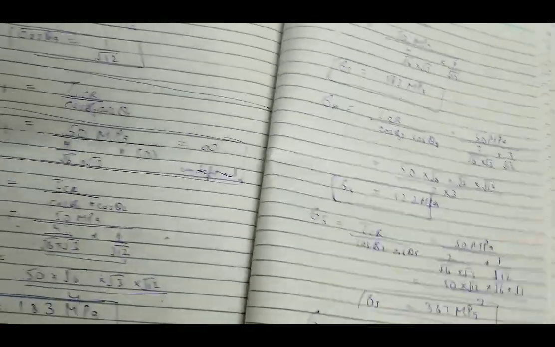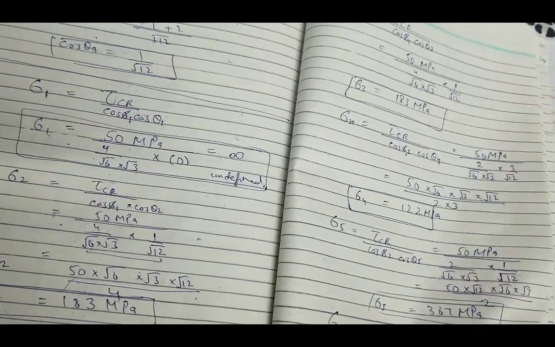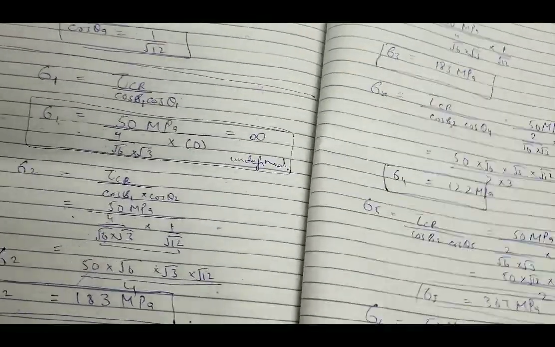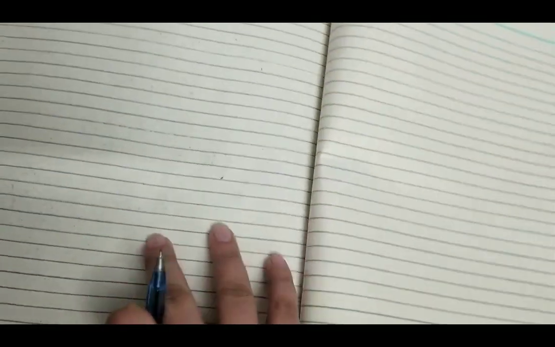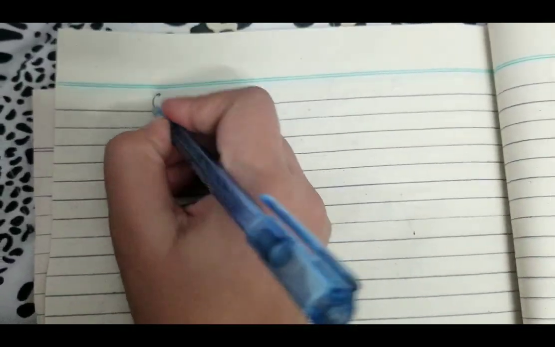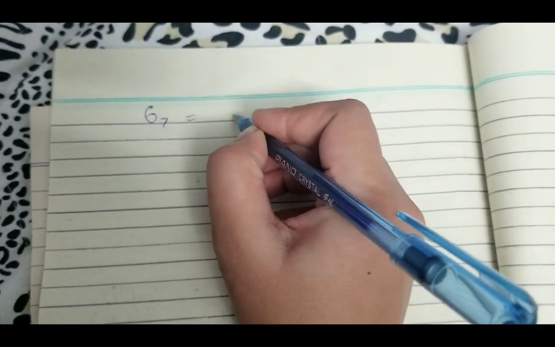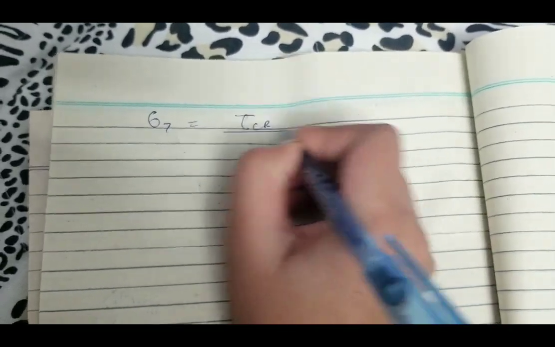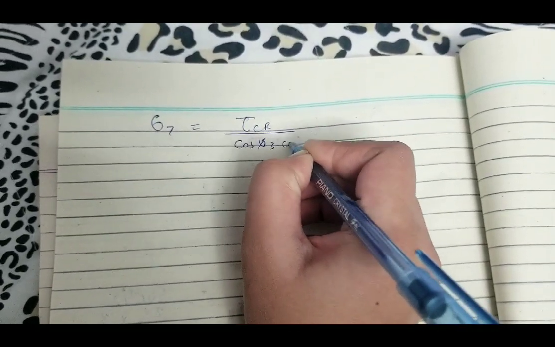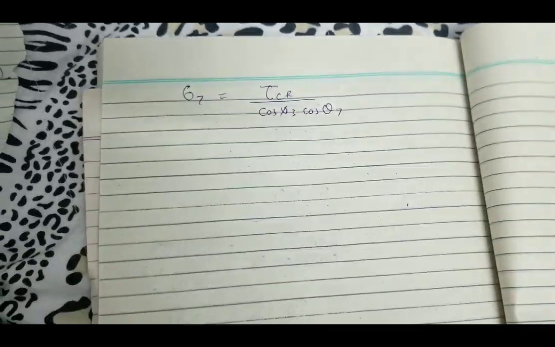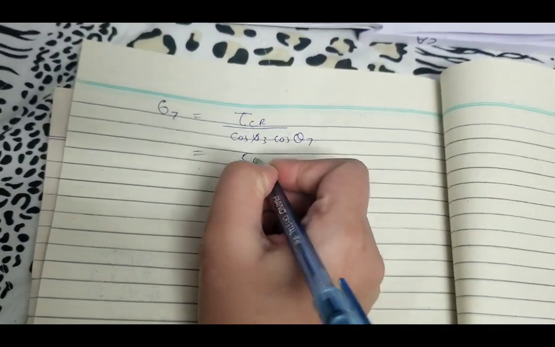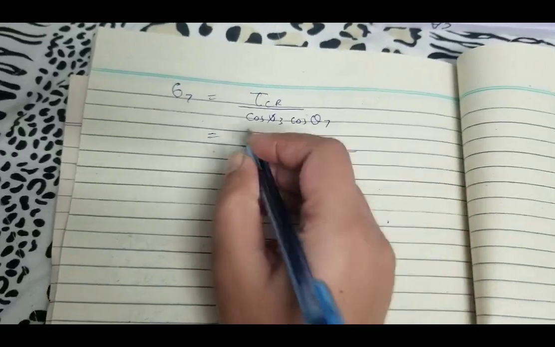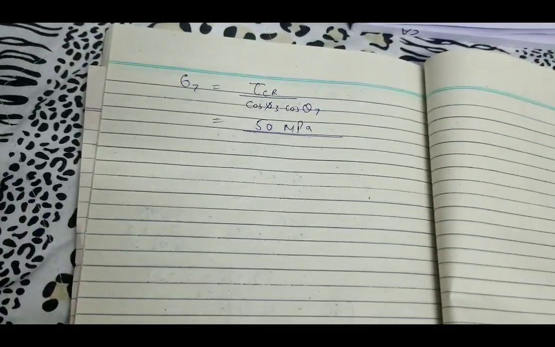Now sigma 7, sigma 8 and sigma 9, which will correspond to the third plane. Cos phi 3 and cos theta 7.